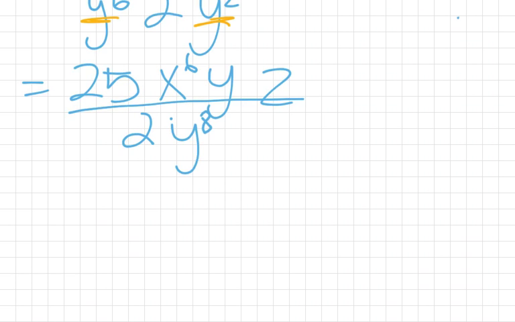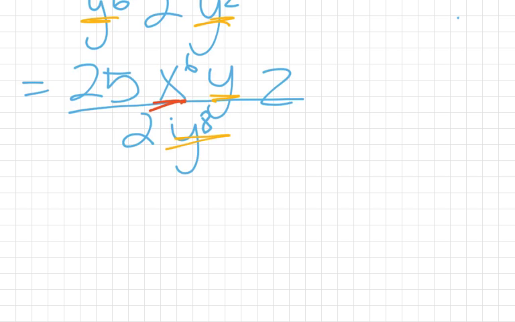So we're going to simplify it further by using our dividing power rules. So if we look at it, we have, highlighted in red, one term with an x, two terms with a y. Oh, I should have used another color. Sorry.